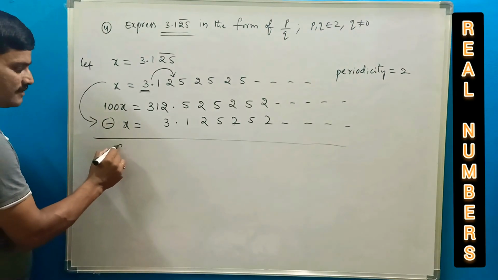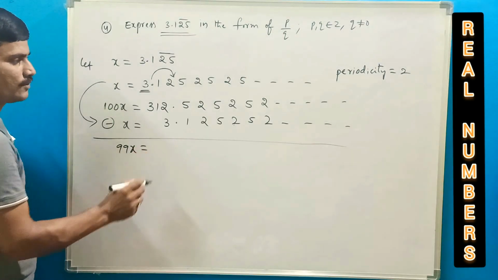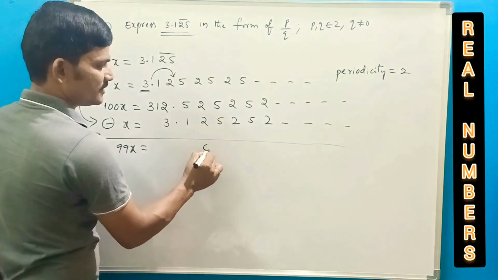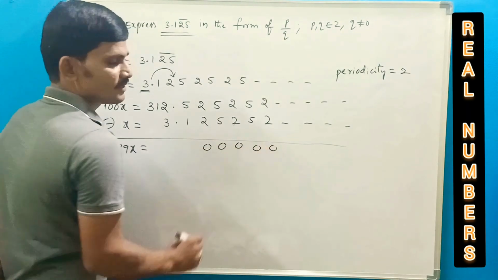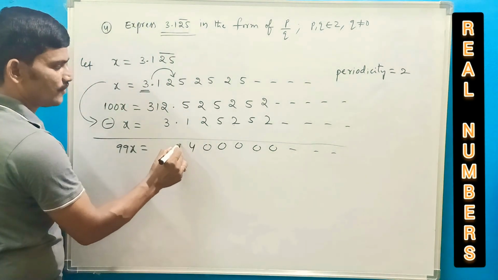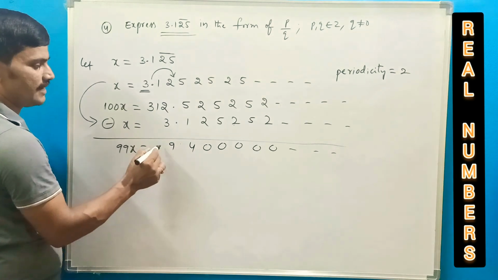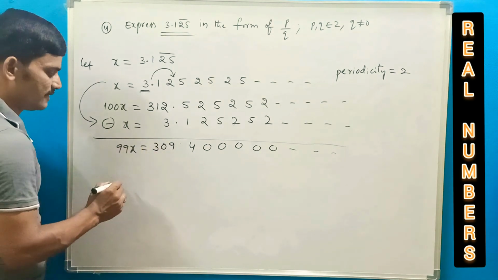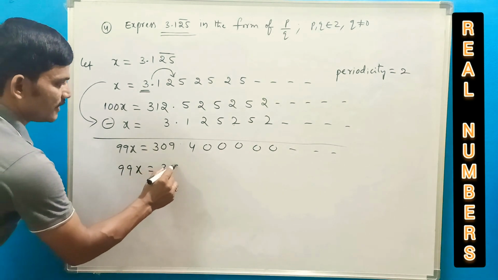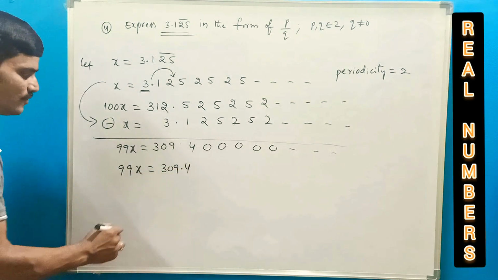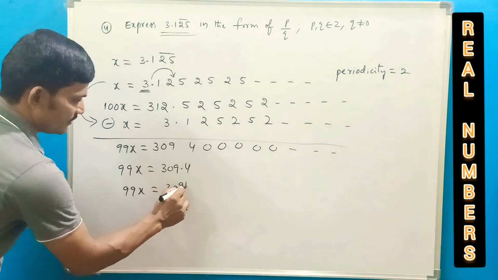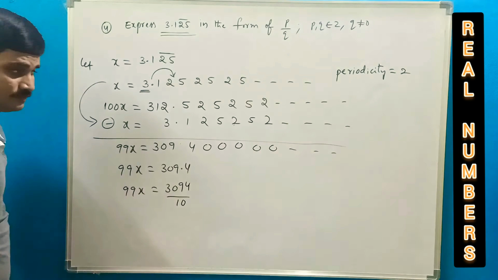100x minus x is 99x, is equal to, if you carefully observe, all the recurring parts are equal, so this portion becomes 0. Here 5 minus 1 is 4, 2 minus 3 gives 9, 0, 3. So 99x is equal to 309.4. That is 99x is equal to 3094 by 10.